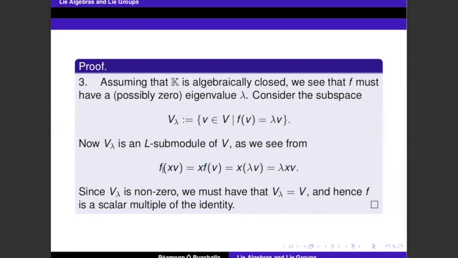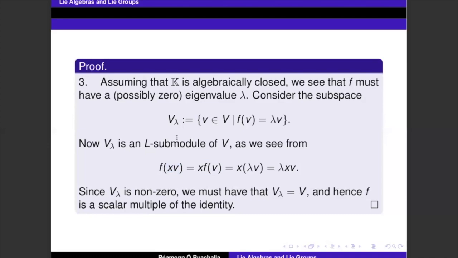So that means that when you act on X of V by F, what do you get? You get lambda times X of V, which is to say this is a lambda eigenvalue of F, which is to say it lives inside here. Okay. So this is a submodule, but it's non-zero by assumption. So we have two options.